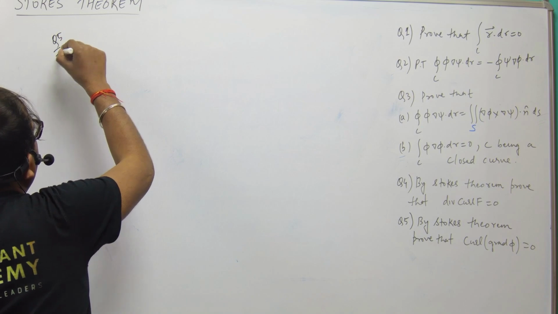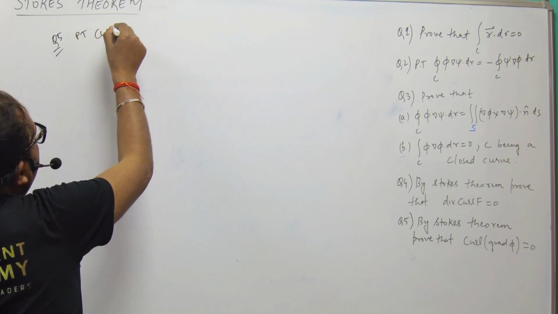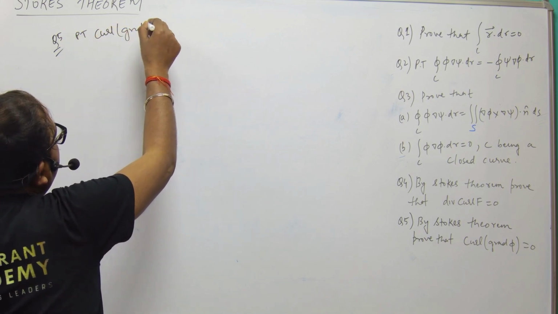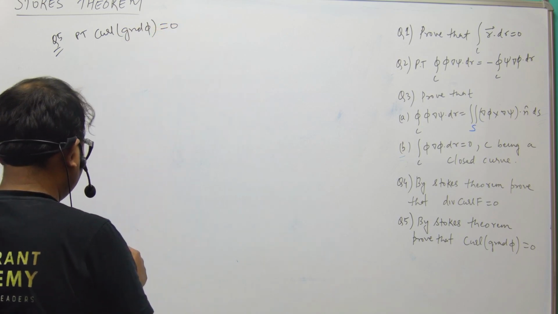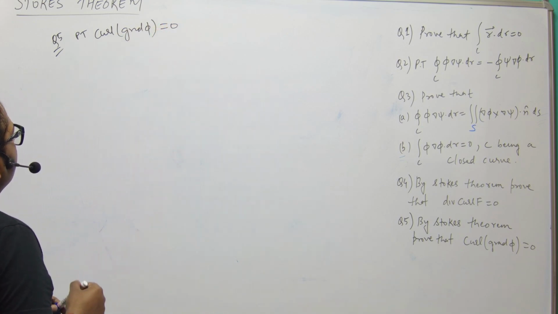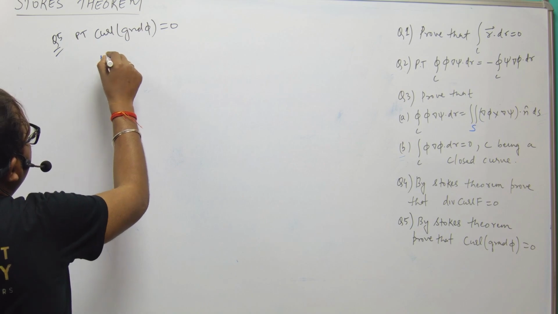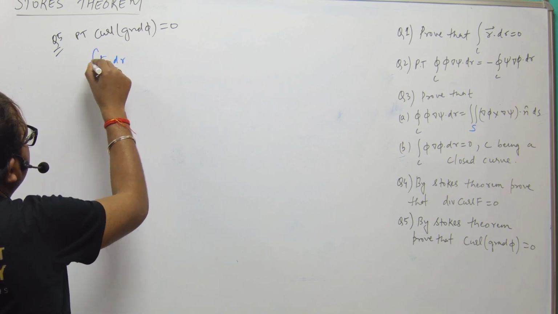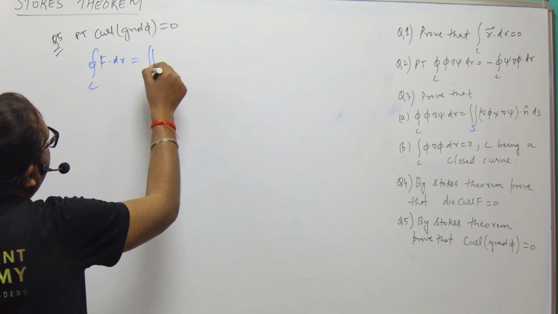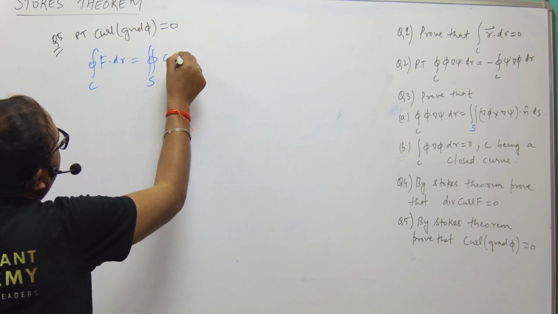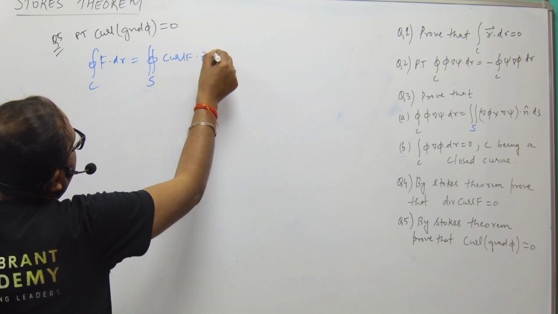For question 5, we have to prove that curl of gradient of phi is equal to 0. Let us write down the expression for Stokes theorem. In Stokes theorem, we have the integral of f dot dr along the curve C equal to the surface integral along the surface S of curl of f dot n cap into dS.